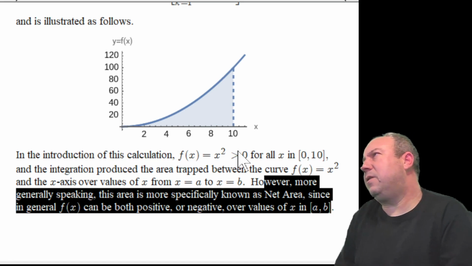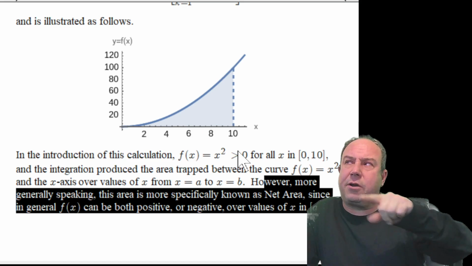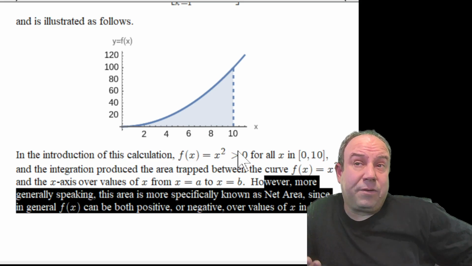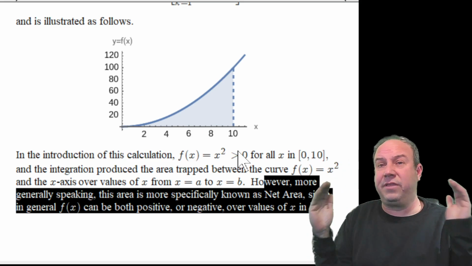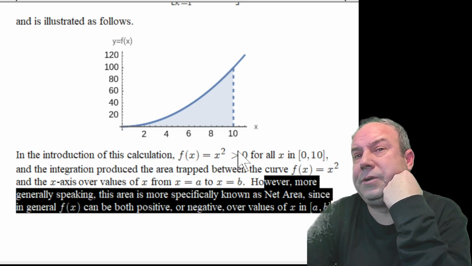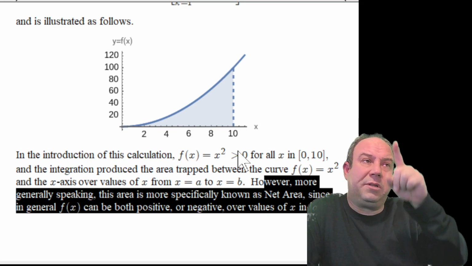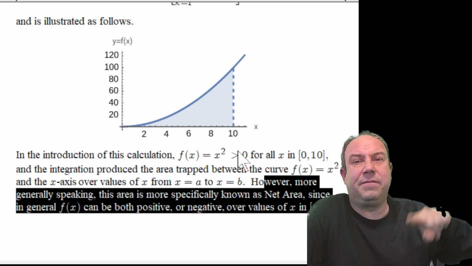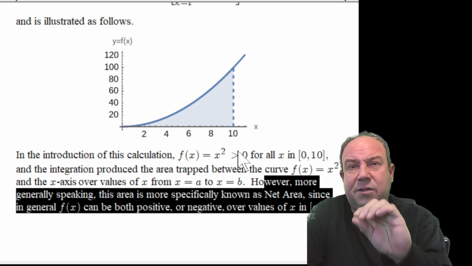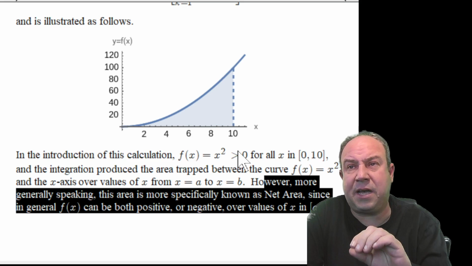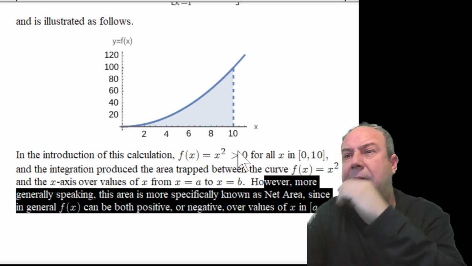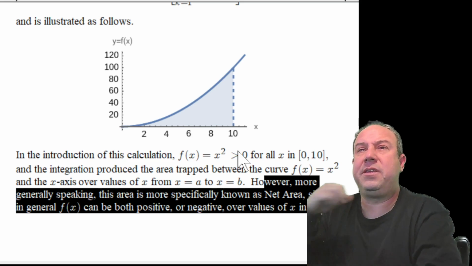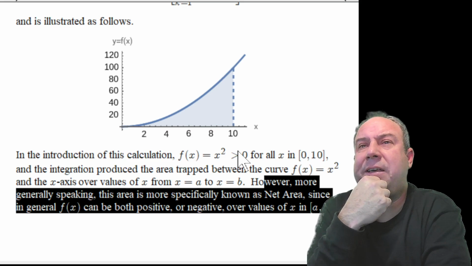We could consider definite integral calculations where that curve dips above and below the x-axis several times over our interval of the definite integral calculation. And when it goes below the x-axis, the function's dependent values become negative. And if we put those values into the summation part of the Riemann sum for function f at x sub k, they're going to yield negative products when multiplied with the delta x, which is always going to be a positive length.